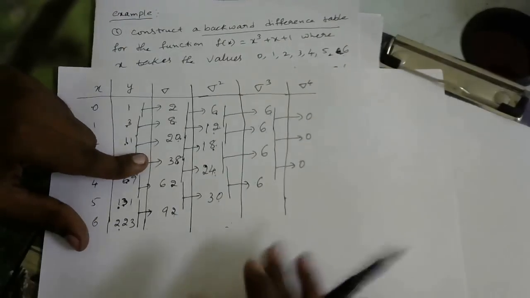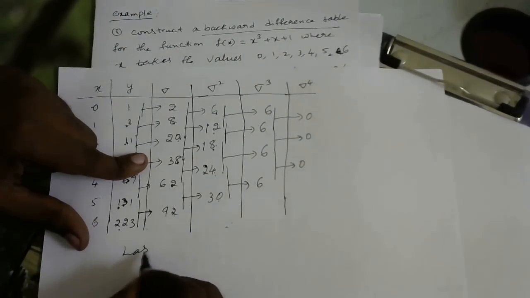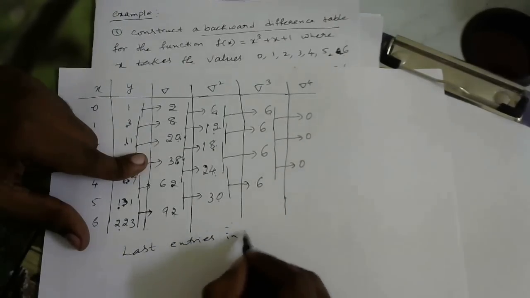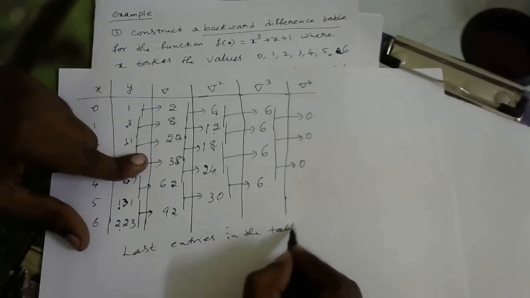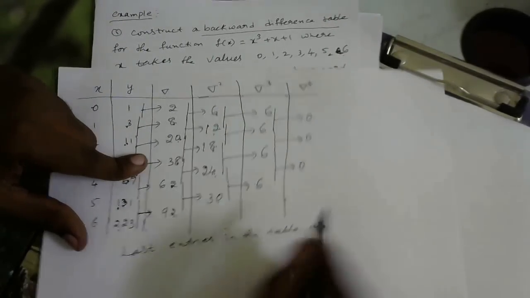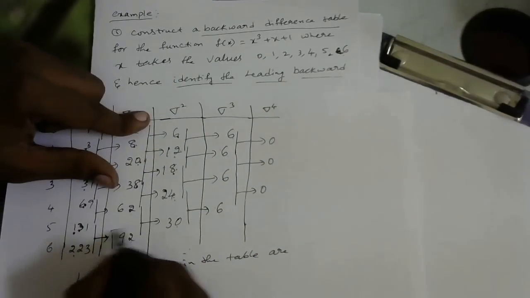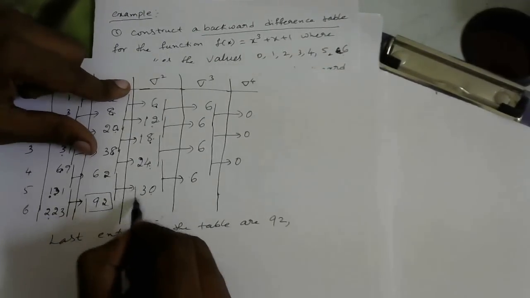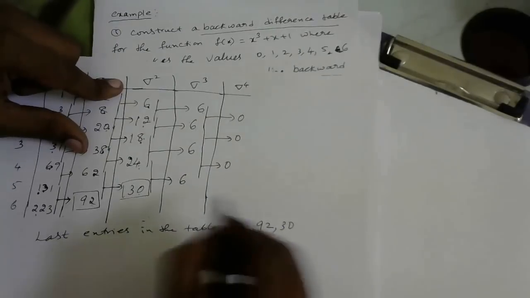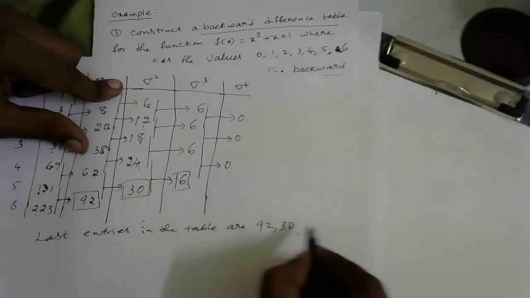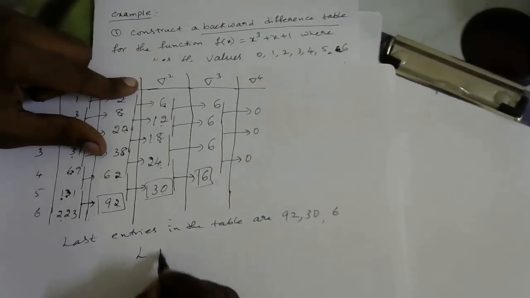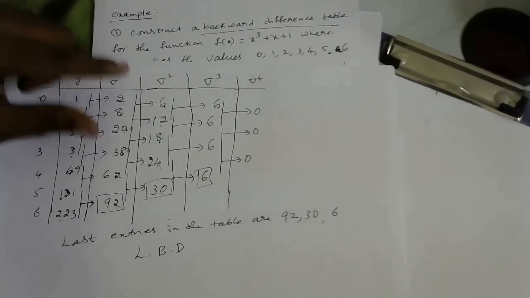Leading backward differences means the last entries in the table. What are the last entries in the table? Here 92, and here 30, and 6 are the leading backward differences.